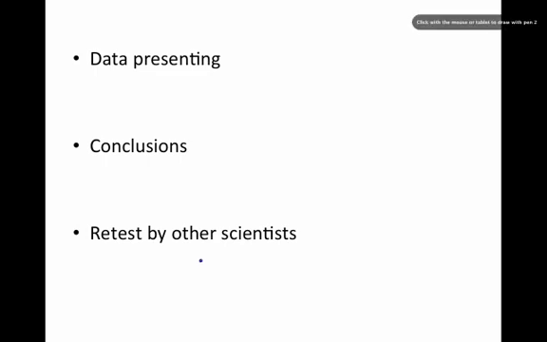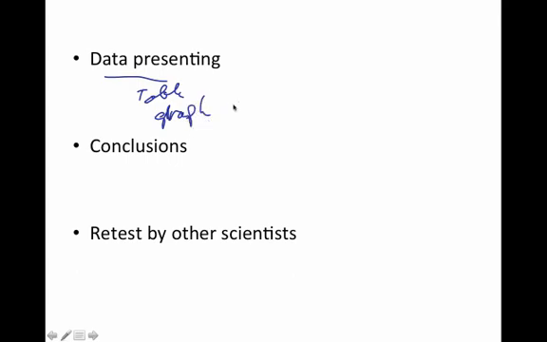Once that is done, then we can present our data. Often in presenting our data, we'll have a section in a write-up report, and that data will include the tables, it'll include the graph that we make, it'll include whether or not our hypothesis was supported, whether or not that hypothesis was rejected, and whether or not we have to make another experiment and maybe redesign it.